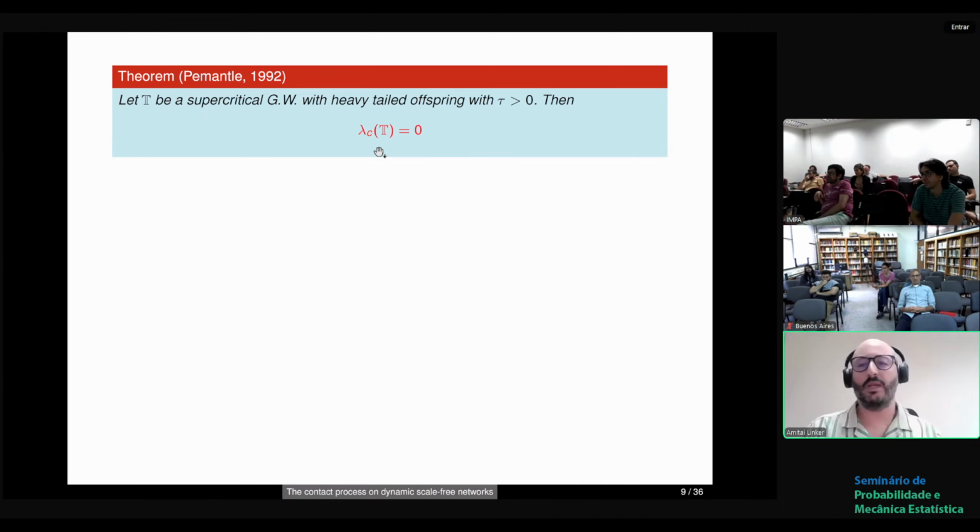So what does this mean? It means that it doesn't matter how weak, how feeble the infection is, there's always a chance of an outbreak. The infection is going to become endemic to the population.